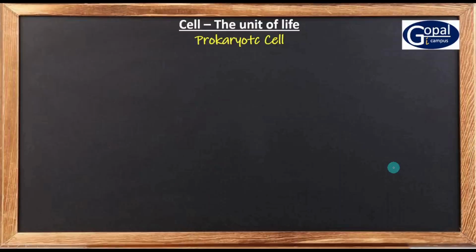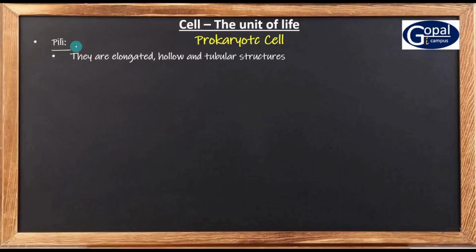Right? So the next structure we are going to study is the pili. Okay. So what are pili? Pili are long, elongated, hollow and tubular structures, which are extensions of the cell wall.